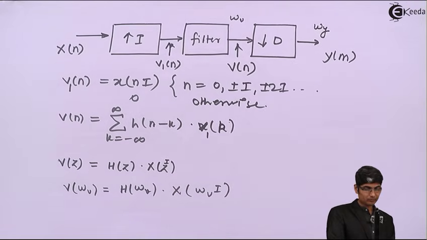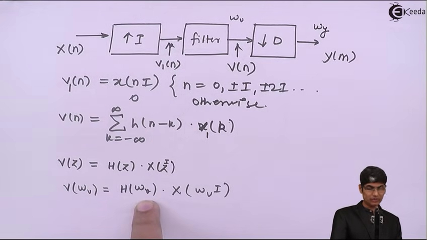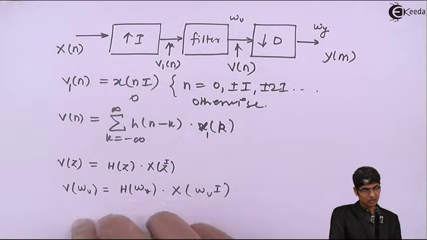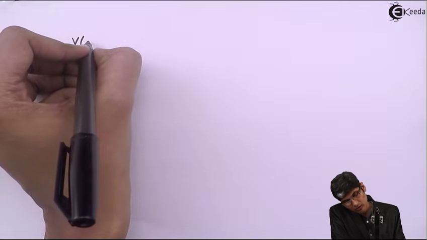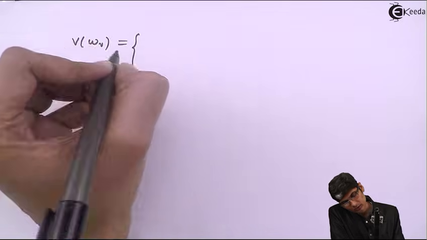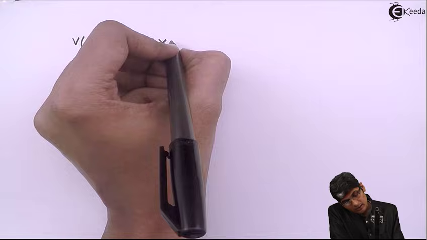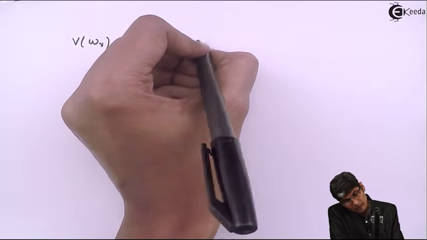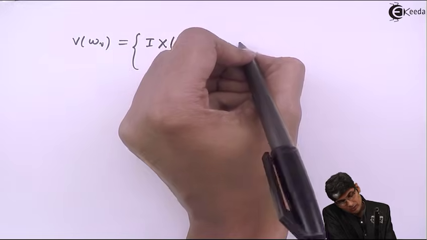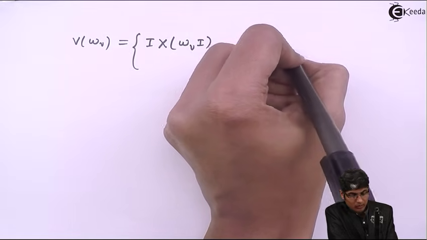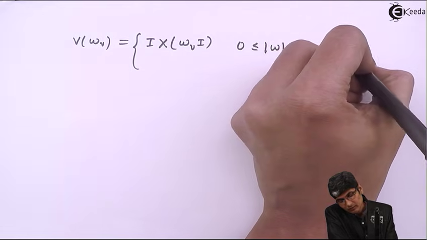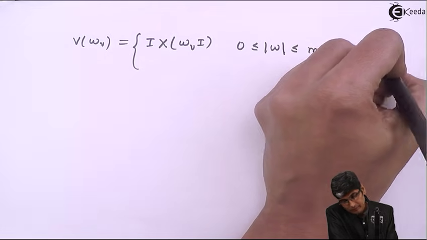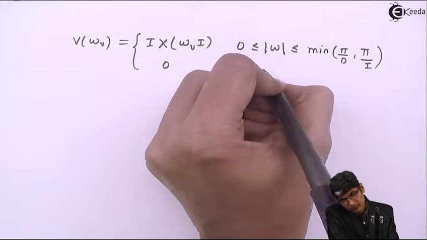Correct? And we know that the transfer function h of omega v is not constant everywhere. It's a low pass filter, and because of the characteristics of that low pass filter, we can write v of omega v is equal to I x of omega v I, for 0 less than or equal to mod omega less than or equal to the minimum value of either pi by d or pi by I, and it's 0 otherwise.